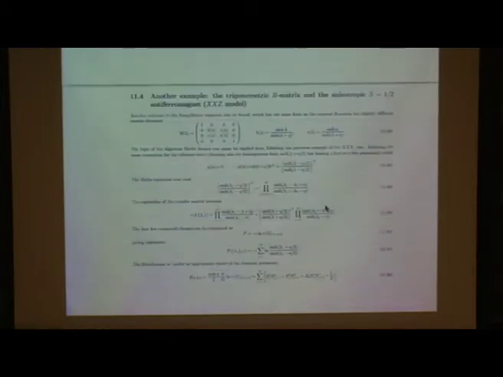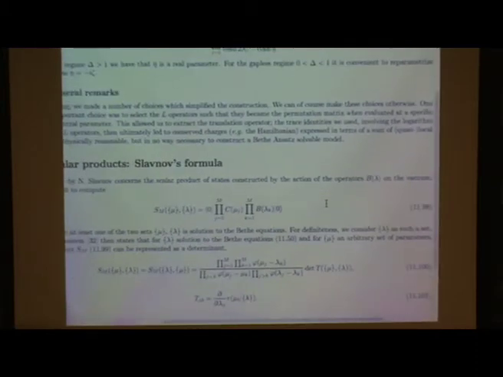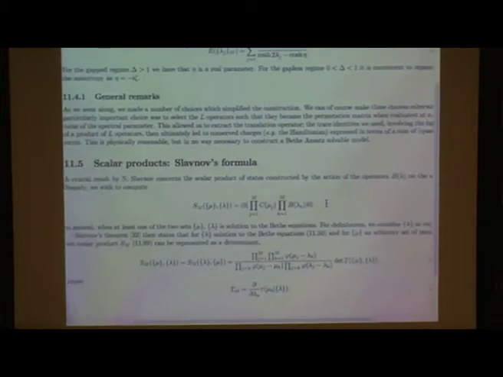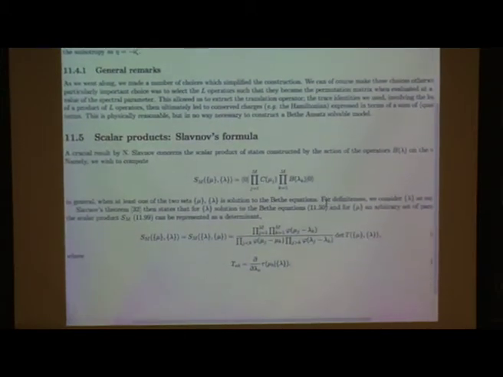Here it's just an XXZ case, let me just jump over this. There are some properties of these objects that are relatively straightforward to calculate. First of all, there's an incredibly important theorem in the algebraic Bethe ansatz, known as Slavnov's theorem, Slavnov's formula.